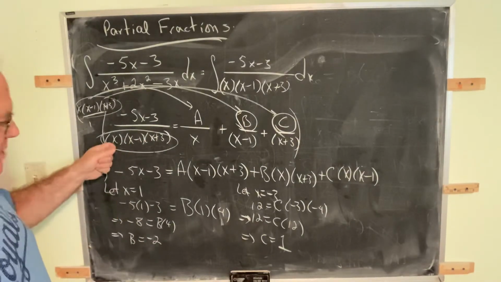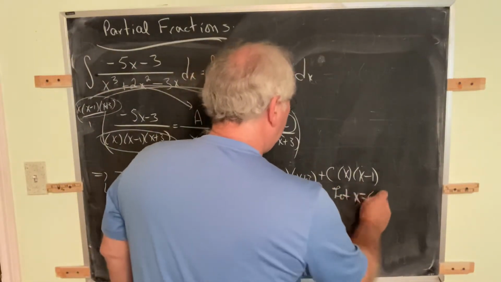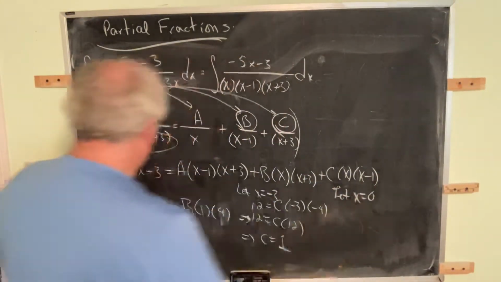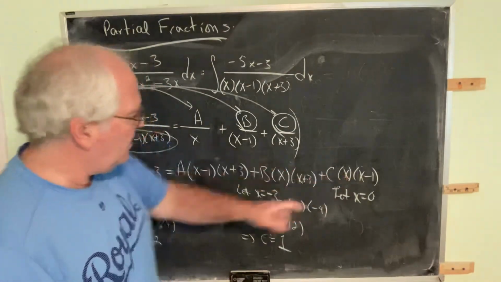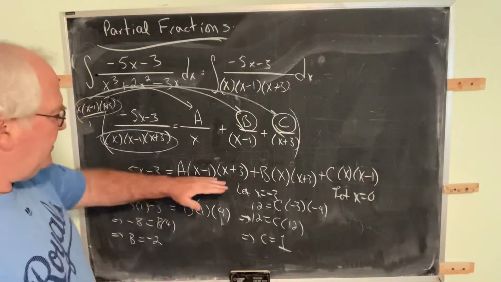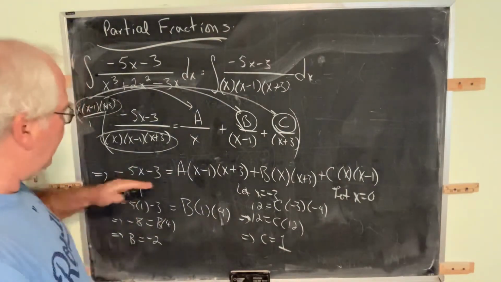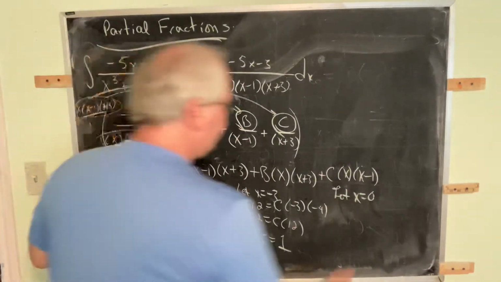I think the other choice is let x be 0. If I choose x to be 0, then what happens? This is going to fall out, this is going to fall out, that's going to give me a solution. So, choose a value that causes one of these factors to be 0. If x is equal to 0, we have -3 on the left-hand side.